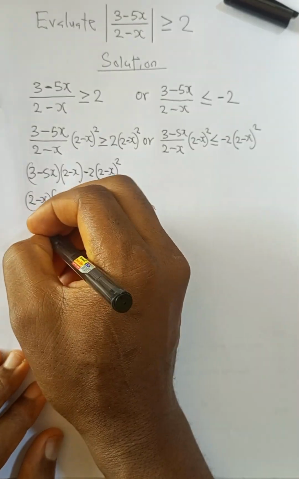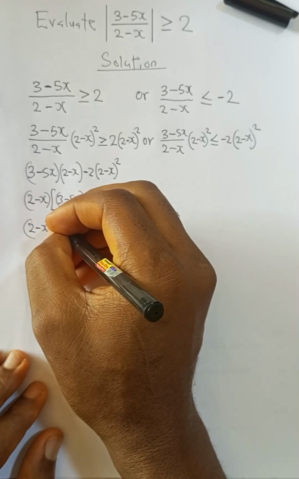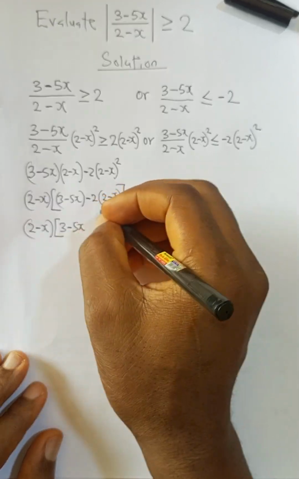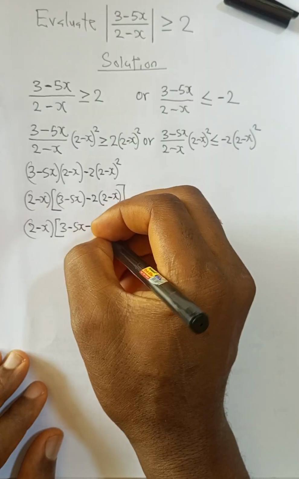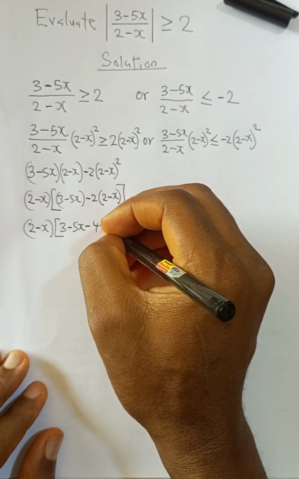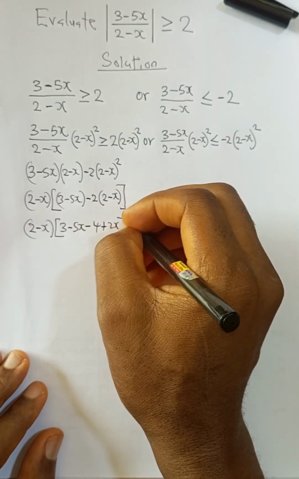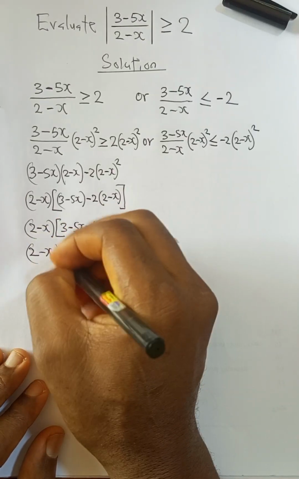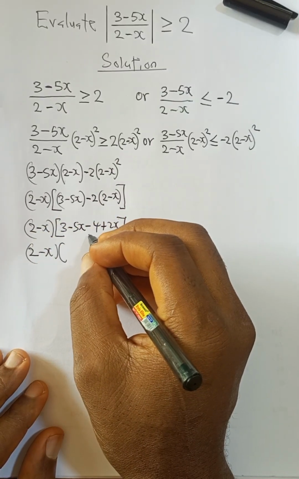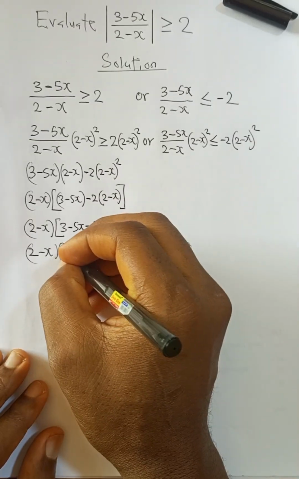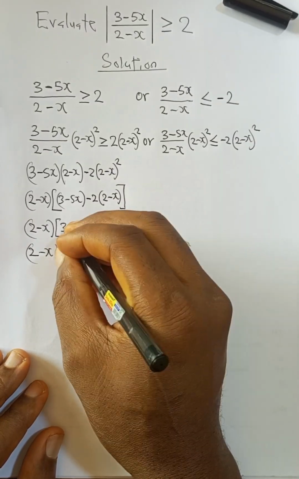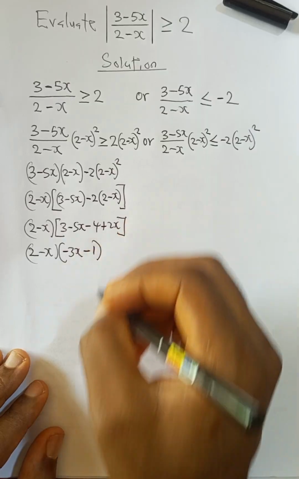So we have (2 minus x) bracket (3 minus 5x minus 2 times (2 minus x), that is 4 minus 2 times x plus 2x), which will summarize as (2 minus x) bracket minus 5x plus 3 plus 2x will give us minus 3x, then minus 3 plus 4 is 1.